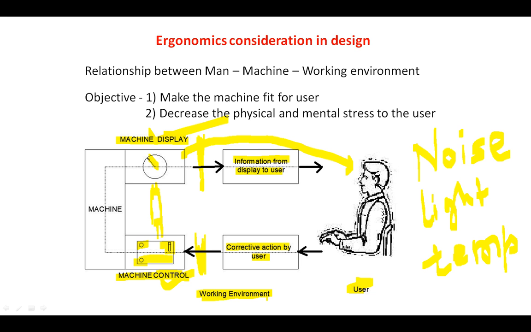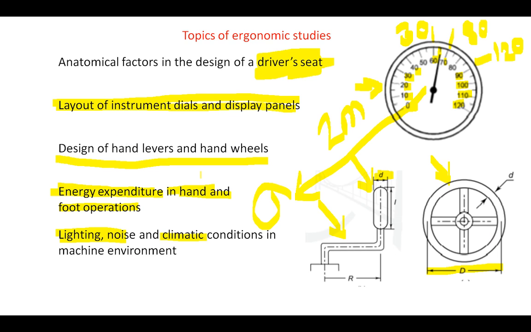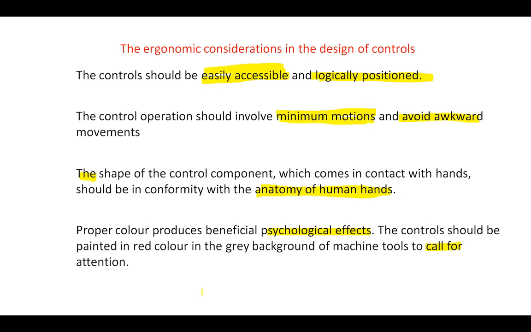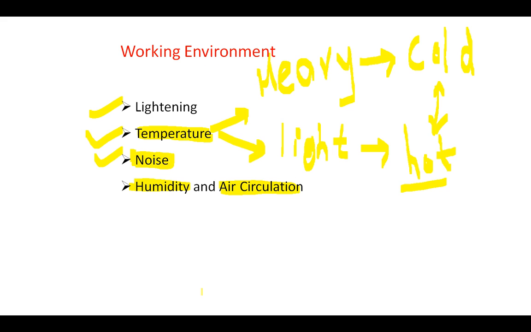These are two contact points. So while designing, you have to consider the design of these two contact points. First we have seen the design of display, with a few points you have to take note of, then the design of control, and then the working environment. Okay, so this is all about the ergonomic considerations in design.